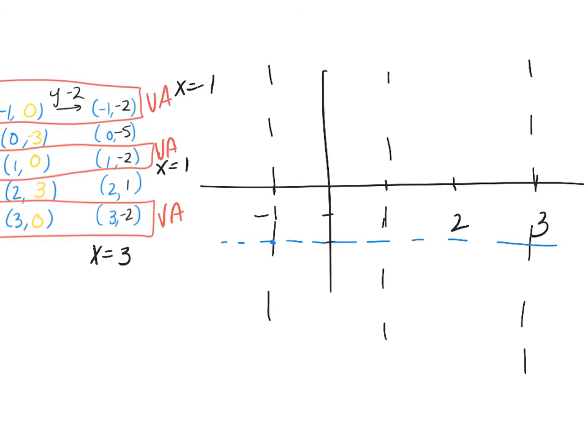The next key point would have been right here, which is 0, -5. My sine wave would have been right here, which is 1, -2. My sine wave then would have been up here at 2, 1. And my sine wave would have been down again at 3, -2. So this is what my sine wave would have looked like.